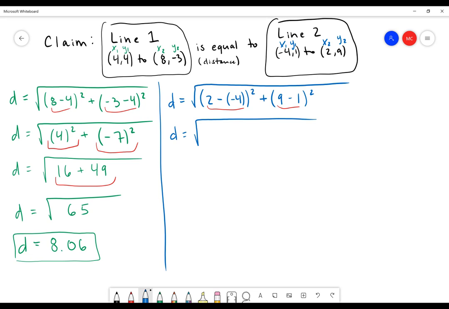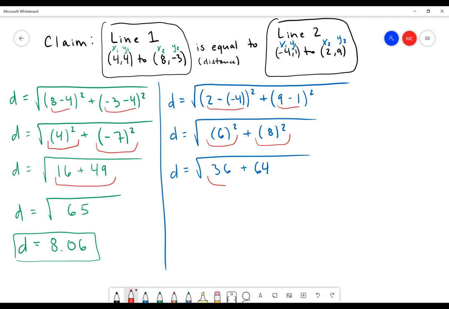And 2 plus 4 is 6. So I'm doing 6 squared plus 9 minus 1 is just 8 squared. Next, I will simplify these exponents so that distance is equal to 6 squared is 36, 8 squared is 64.